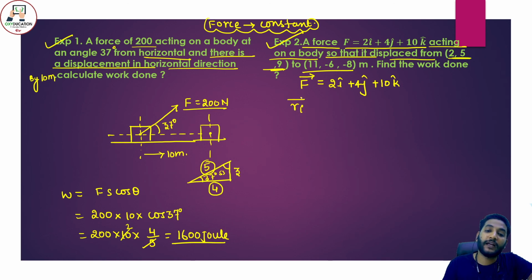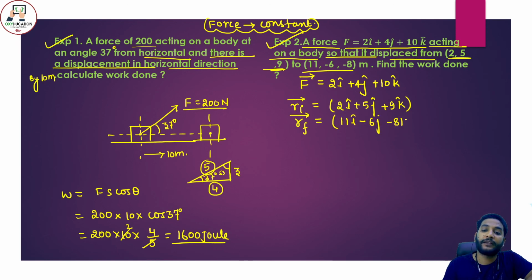You will say, sir, our initial position is 2i cap plus 5j cap plus 9k cap. Remember this, how you will find the displacement. Here, the displacement is not given directly, so you have to find out displacement first. For this, you are given a final position, that is 11i cap minus 6j cap minus 8k cap.